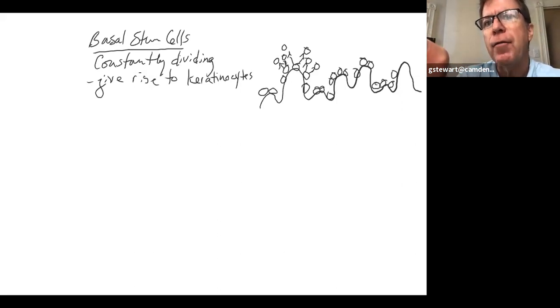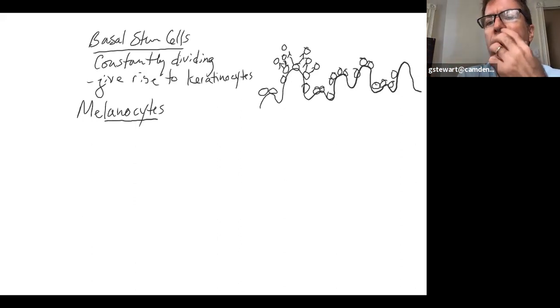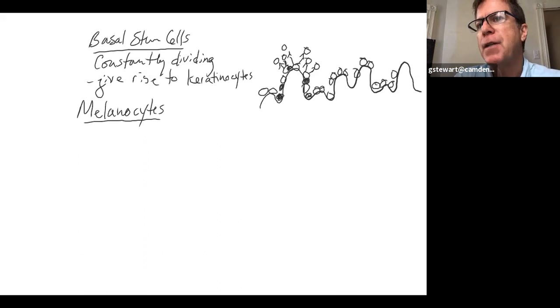We also have melanocytes, not in as great a number. Melanocytes are also found in that stratum basale, that base layer, and I'm going to draw them interspersed. Really only about, I'm exaggerating the number of melanocytes here.